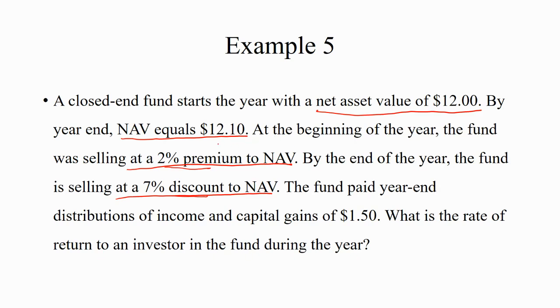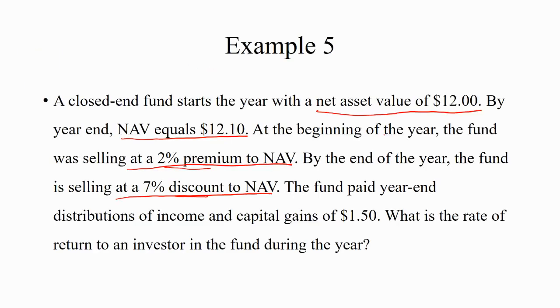Now, in this question, we have to calculate the premium and the discount to the NAVs. So let me solve this question. We have current NAV, which we may call NAV 0, equal to 12. We also have a year-end NAV, which we can call NAV 1, which is equal to 12.1.